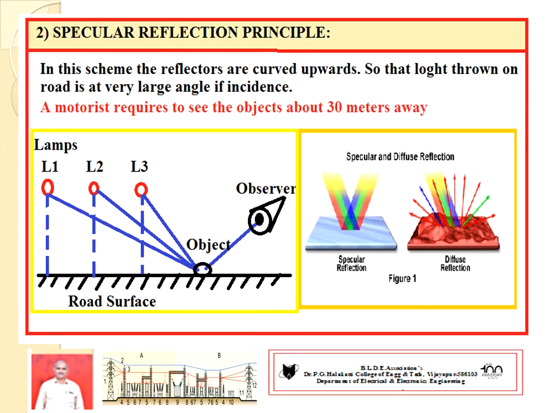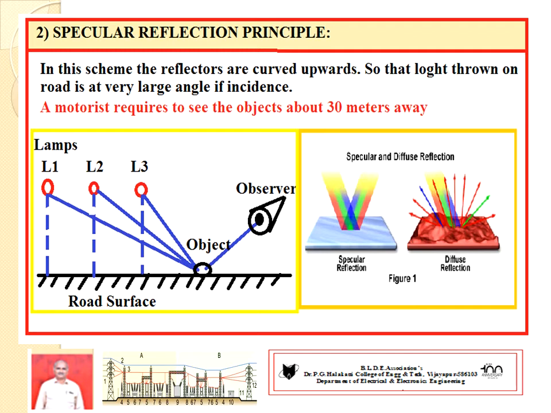But in case of the diffused reflection principle, the incident light hits the surface and is diffused in all directions. You can observe the main difference between specular type of reflection and diffused type of reflection.